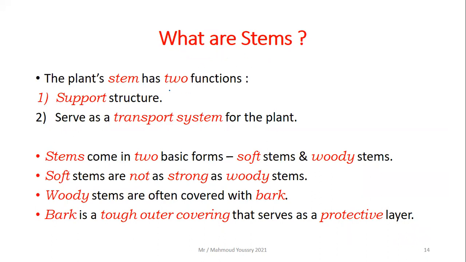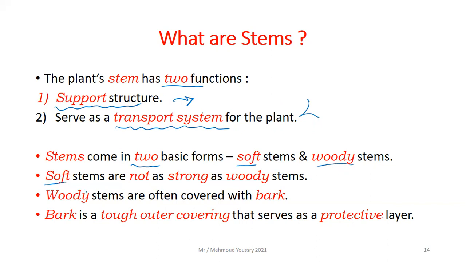Then what about the stem? The plant stem has two functions. It is a support structure and serves as a transport system for the plant. It's a support structure because it holds the branches, the leaves, the flowers, and also the fruits. And it serves as a transport system because of the xylem and the phloem tissues. Stems come in two basic forms: soft stems and woody stems.